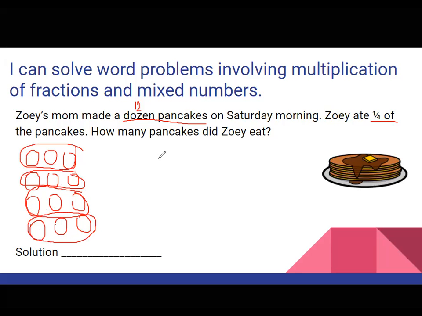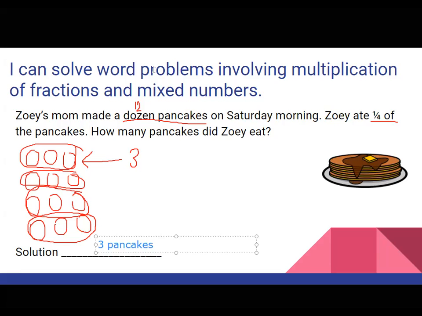So if Zoe ate 1/4 of the pancakes, referring to just one section, how many pancakes do we see inside that 1/4? 3. So for our solution, we know that Zoe ate 3 pancakes.